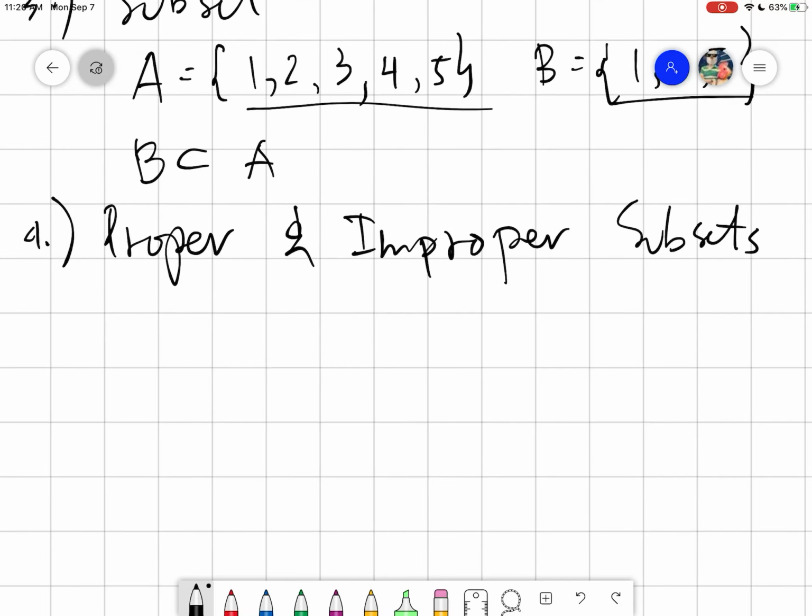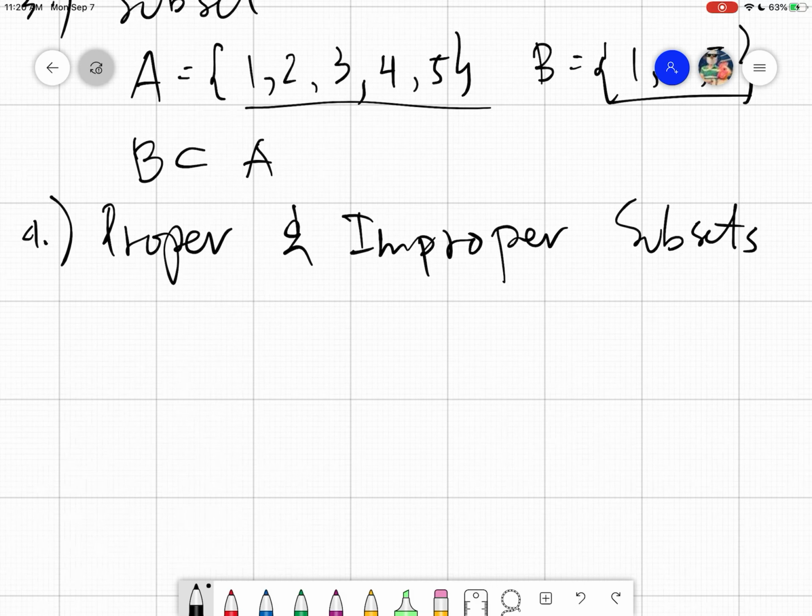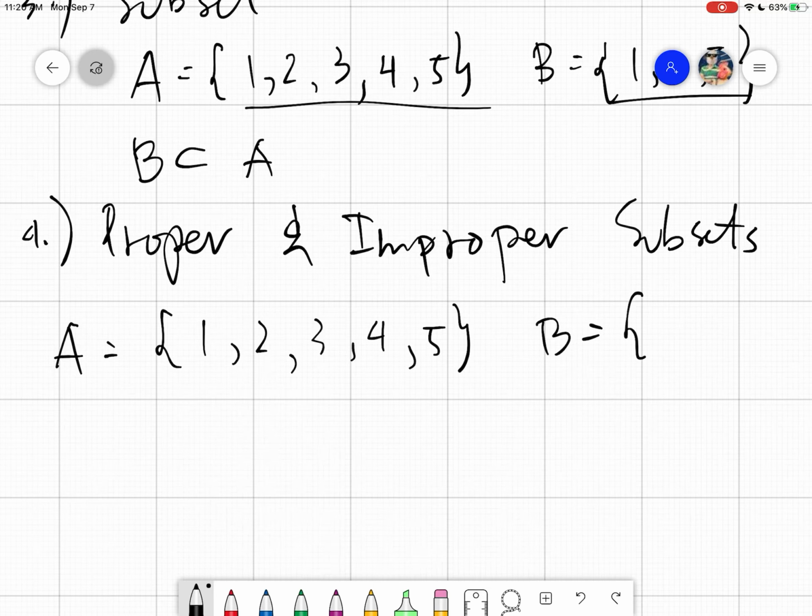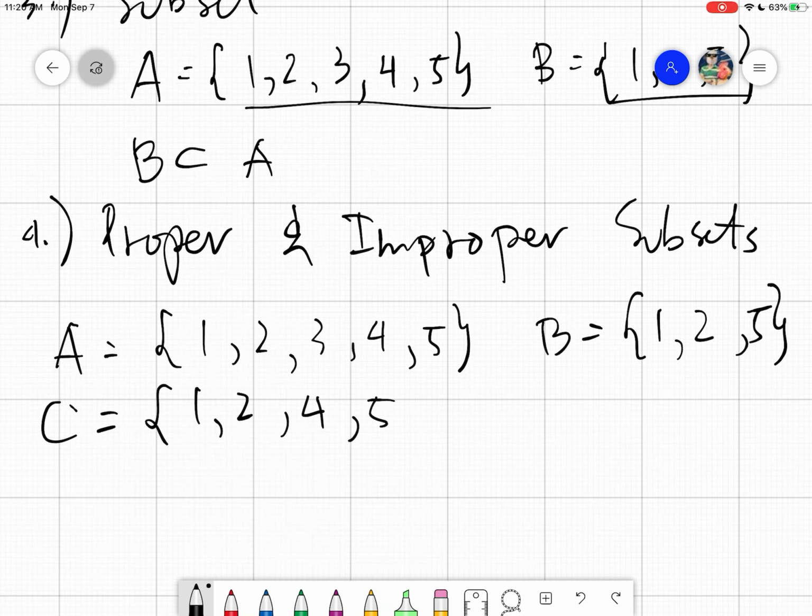So under ng proper and improper subsets, let's use again A. A is just simply 1, 2, 3, 4, 5. And our B is equals to 1, 2, and 5. And our C is equals to 1, 2, 4, 5, and 3. Okay, so we can say that B is a proper subset of A. In what sense?